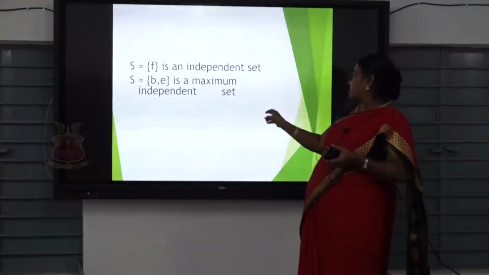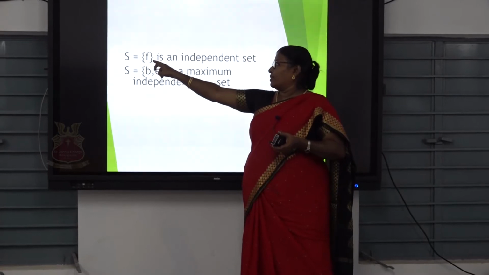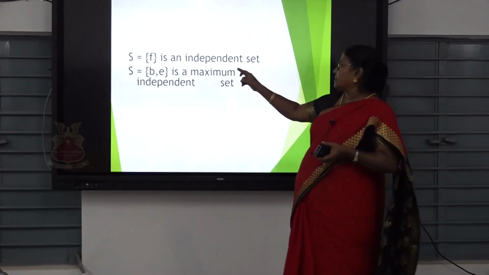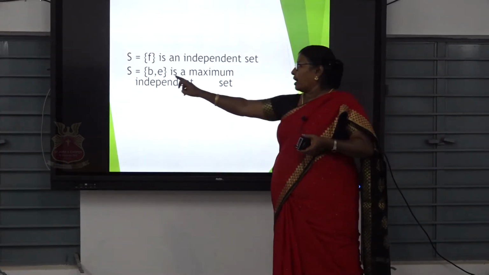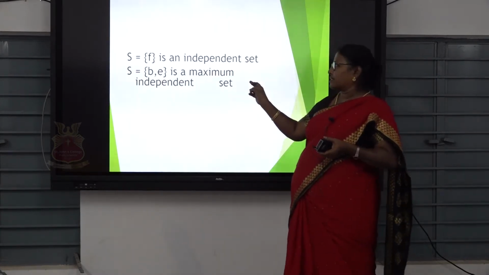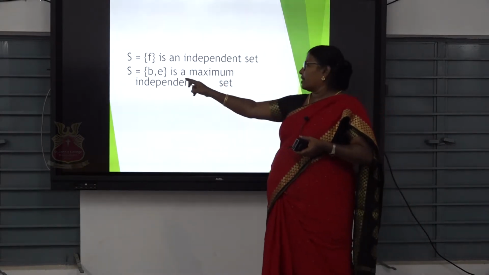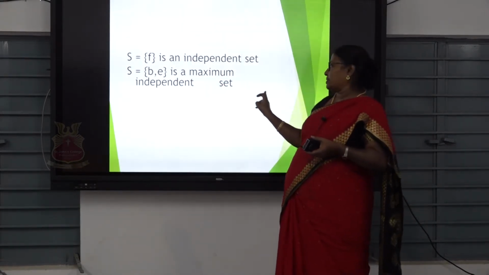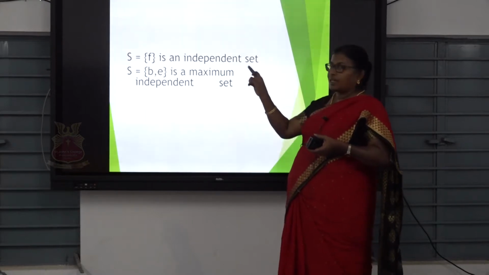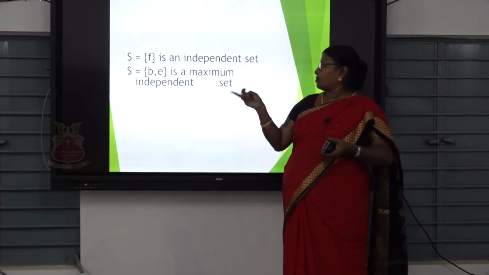In that graph, F alone is also an independent set, and the vertices B and E are also an independent set, but this is the maximum independent set because it contains the maximum number of elements. We can't get any independent set which has more elements than this.